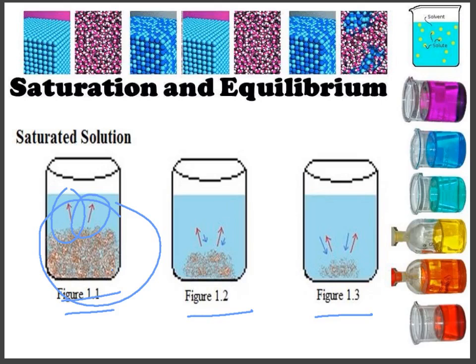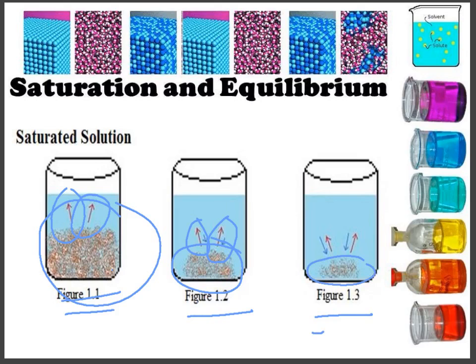In figure number 2, it is noticeable that a lot of solid solute has already dissolved. These are represented, once again, by our red arrows. But not completely, for the reason that the process of crystallization has begun. If we take a look at the last beaker, only a small amount of solute remains undissolved.